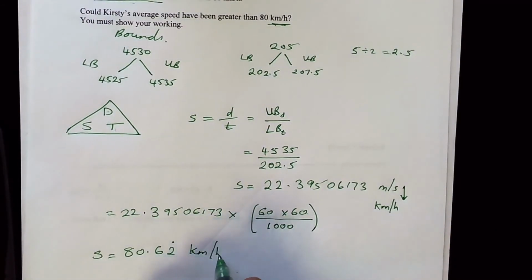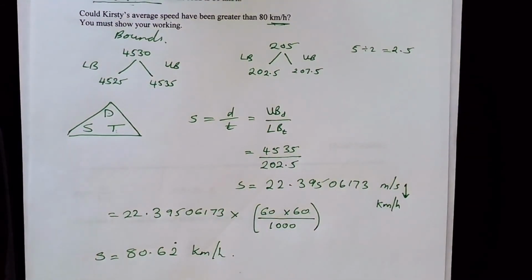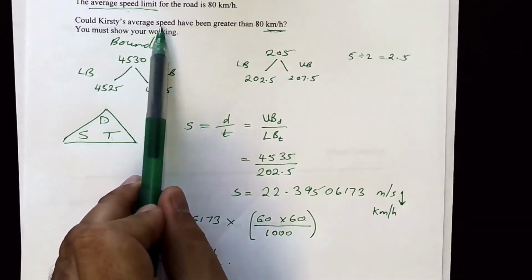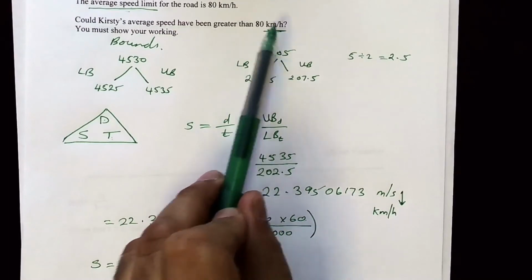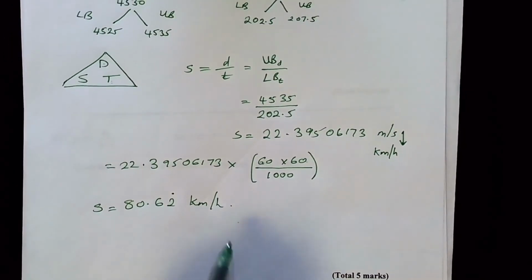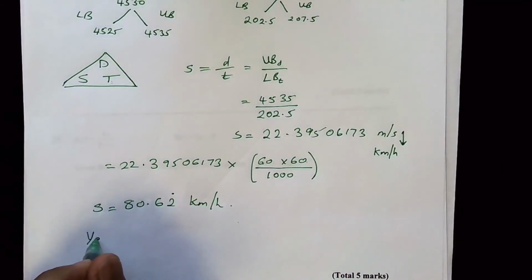kilometers per hour. So if I go back to the start of the question, could Kirsty's average speed have been greater than 80 kilometers per hour? So for the last part of the question, I'm going to answer yes.